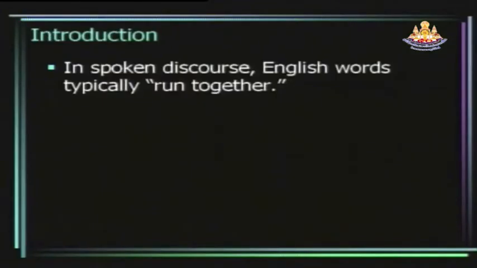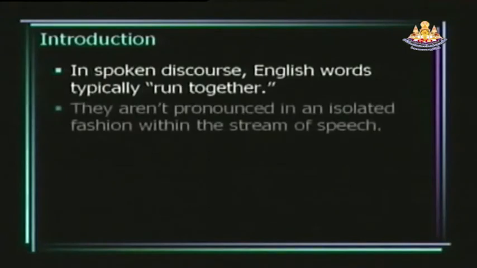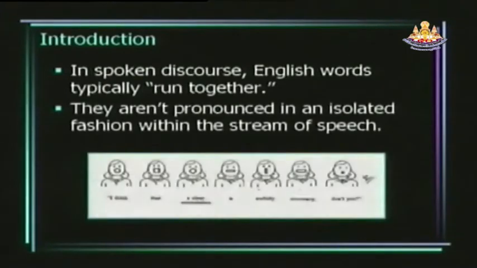Okay, so let's start by way of introduction by just talking about spoken discourse in English, particularly here spoken discourse in American English. One of the things that's always mentioned about English is that in spoken English, words run together. It's very difficult to tell where one word begins and another word ends and the next word begins. That's because in English, words are not pronounced in an isolated fashion within the stream of speech, right?